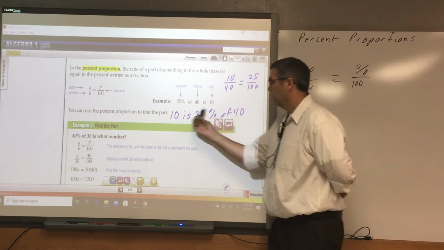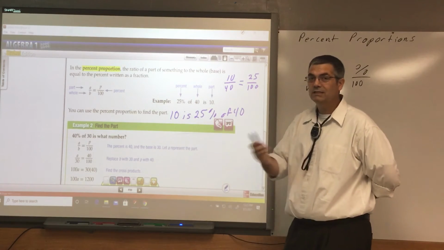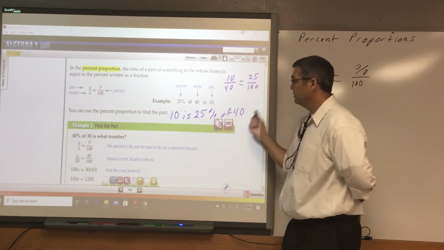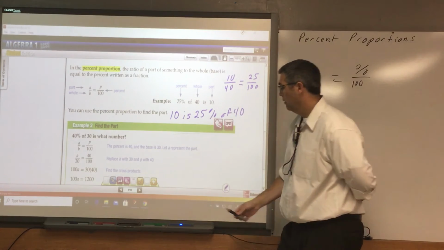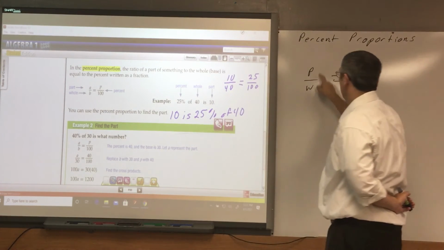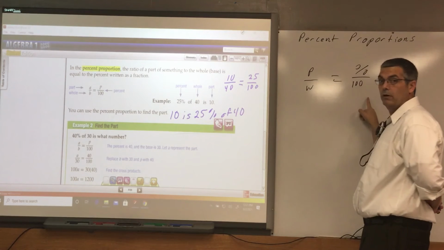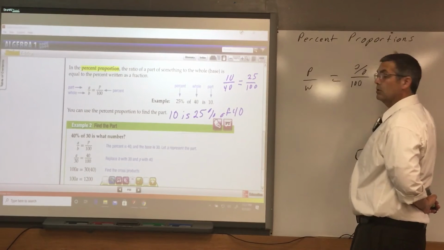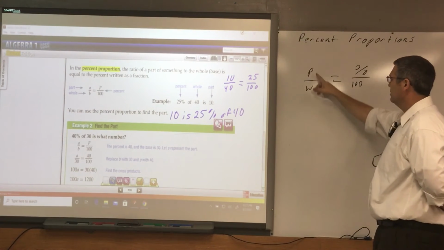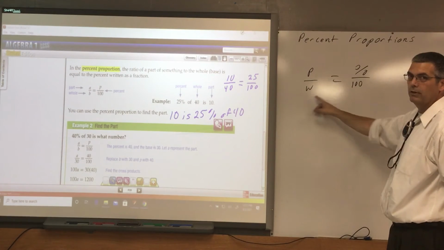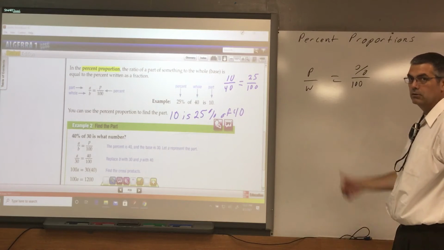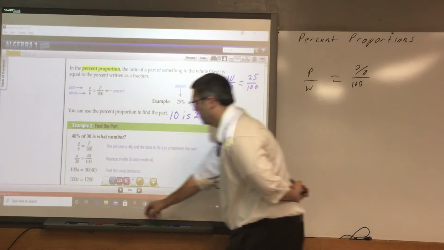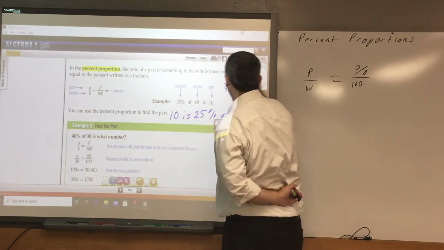They're going to give you different ways to see this, but this is what you're looking at. We're using part over whole equals percent over 100 in order to solve this. Now, we're going to use how you solve a proportion, because, hey, look, it's a proportion. One ratio set equal to another. Then you're going to solve it using a proportion. I'm going to keep going.